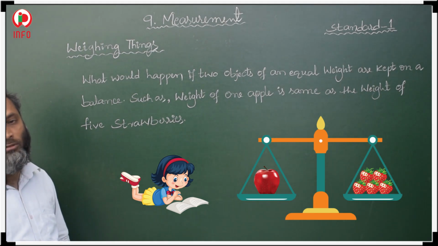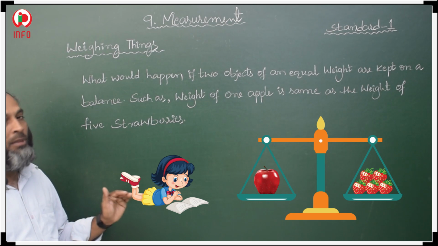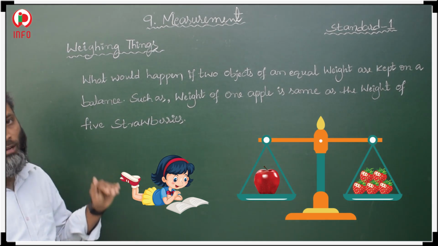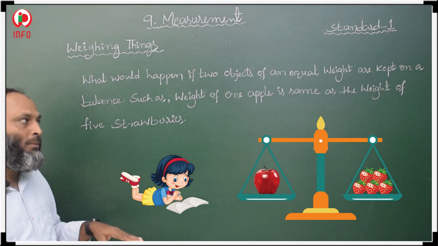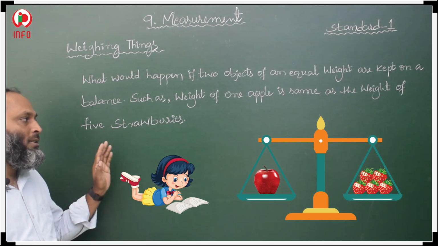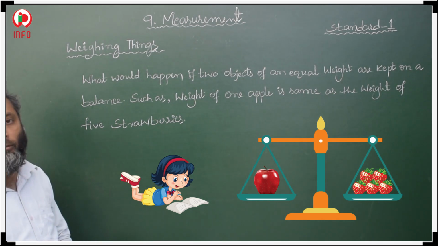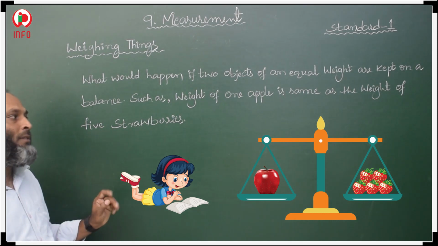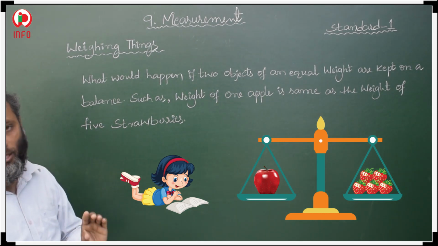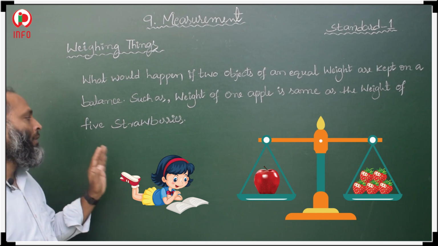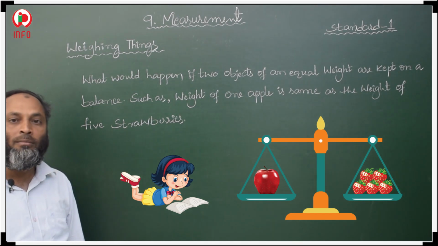Why equal here? Because the two pans are on the same level. If two pans are on the same level, whatever we kept on the two pans, they have equal weights. That is why one apple weight here is equal to 5 strawberries weight. Okay.